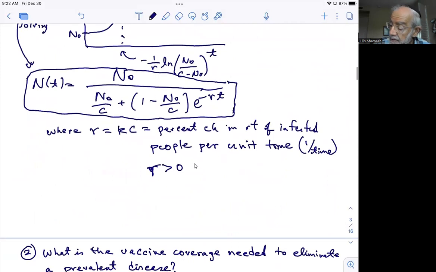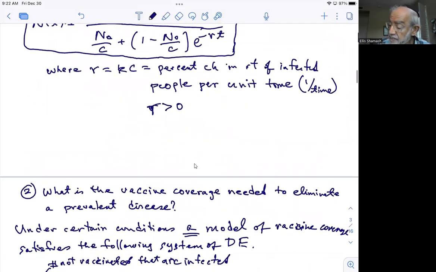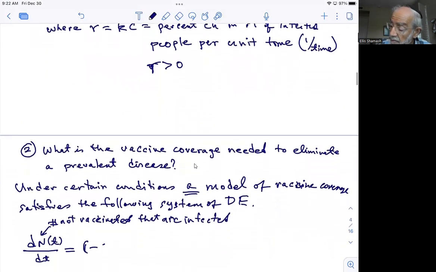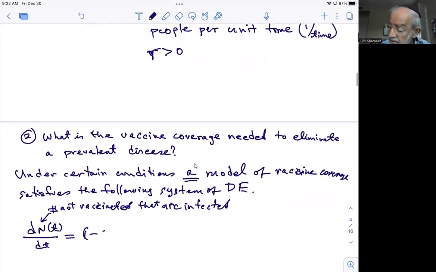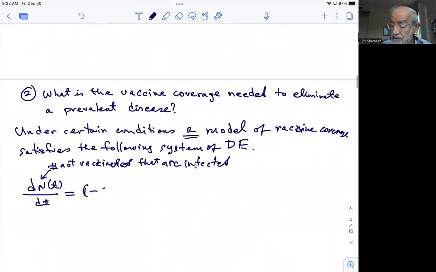And the next topic says, what is the vaccine coverage needed to eliminate a prevalent disease? So under certain conditions, a model for the vaccine coverage satisfies the following system of differential equations.